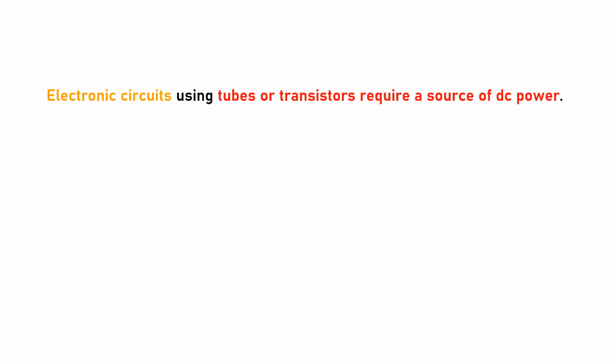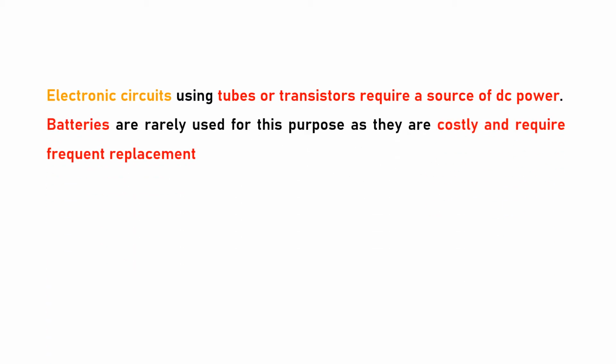Electronic circuits using tubes or transistors require a source of DC power. Now we can obtain this DC power from batteries, and normally these batteries are not preferred, mainly because they are costly and they require frequent replacement.